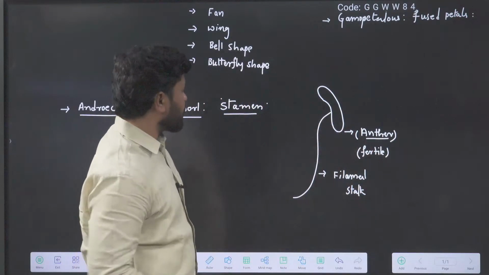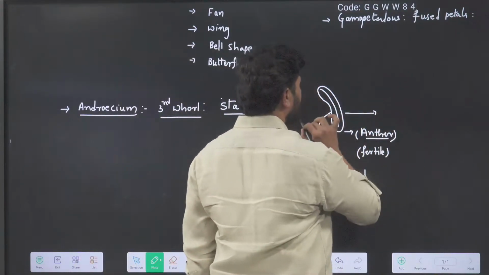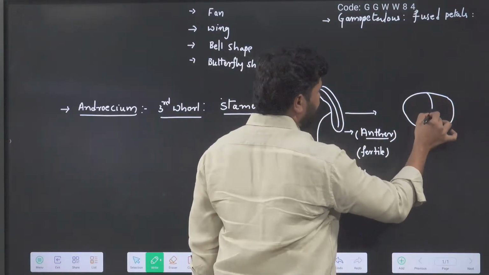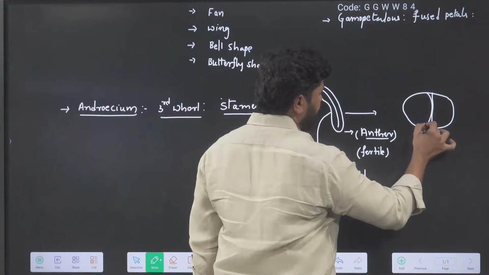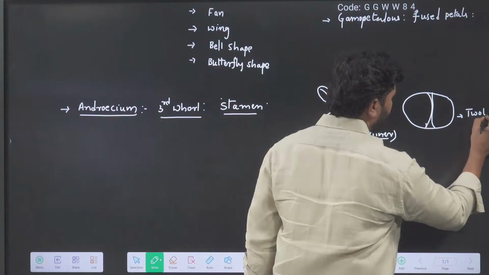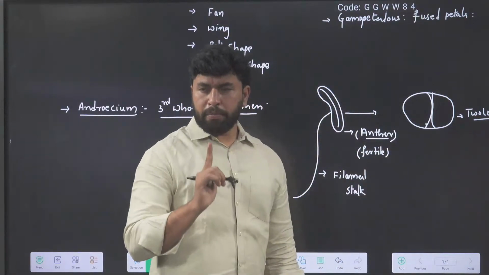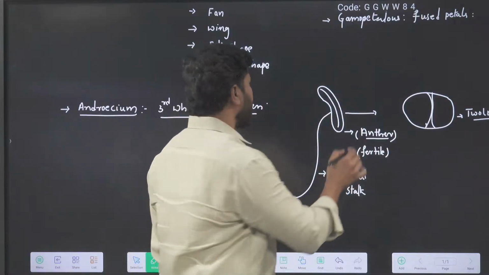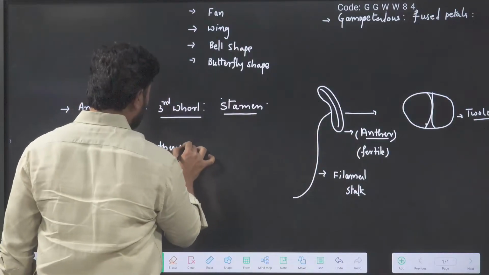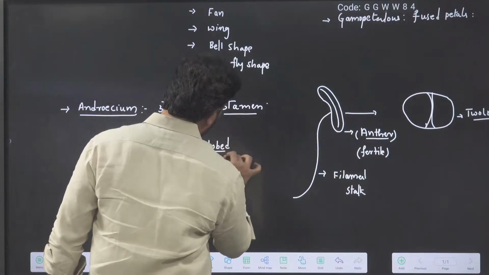Fertile. If you take a typical anther and make a transverse section, a typical anther possesses two lobes. That's why anthers are generally bilobed. Bilobed anthers.